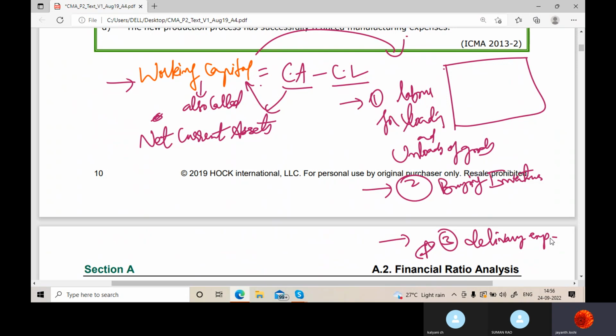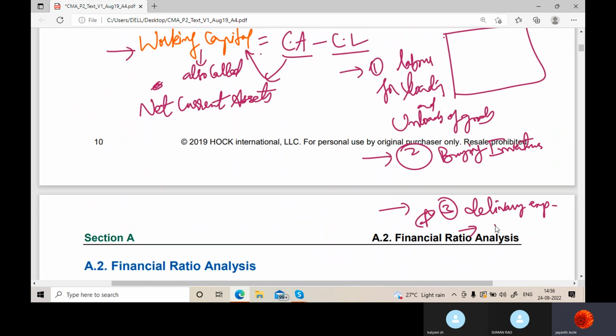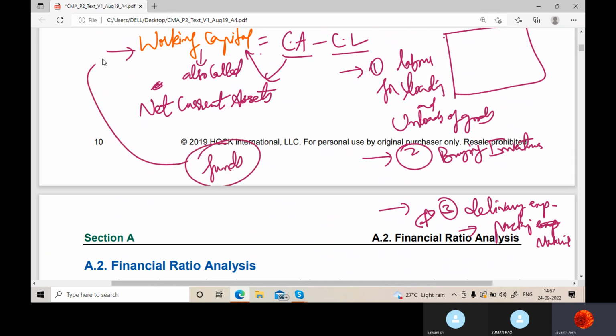That also comes under labor charges, but a different kind of labor, correct? Then they pack the goods, so packing expenses. All these are routine expenses which they have to spend on a daily basis. So for that they want what? Funds. Those funds are nothing but what we call working capital.